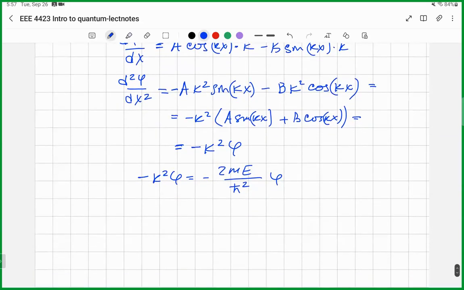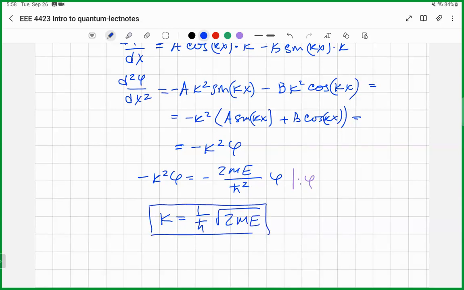Okay, so since now k just multiplies phi, and this is a solution for any non-zero phi, we can divide both parts by phi, and by minus 1. So we get k is equal to square root of 2m e, over h bar, right?